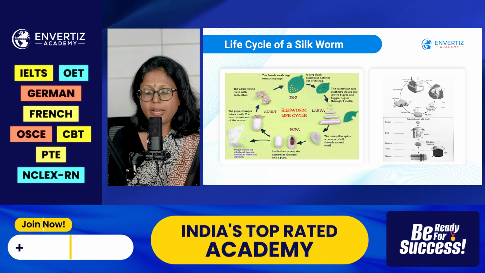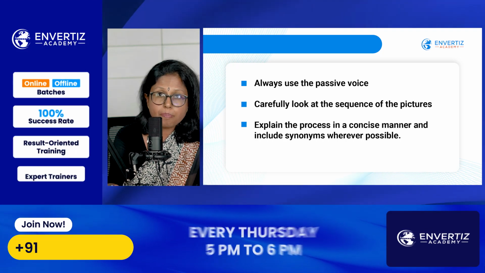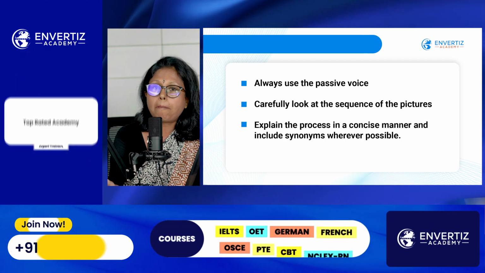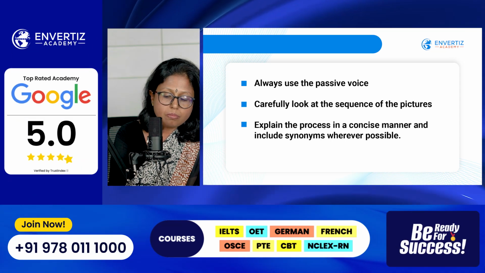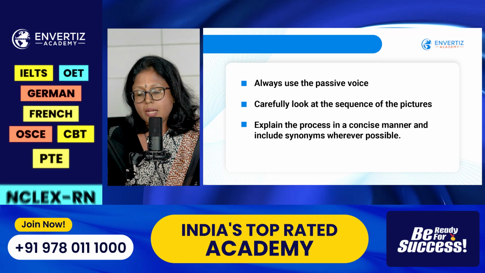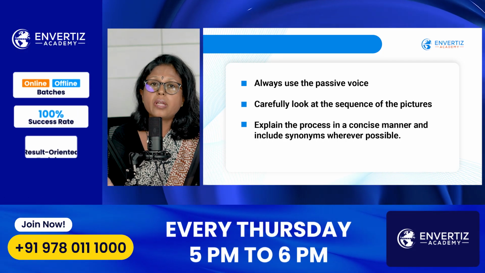Okay, so let me just give you a few tips on how to write a good process. The first is always use passive voice. Now, this simply means that we do not give importance to the subject, rather, the object is given more importance.